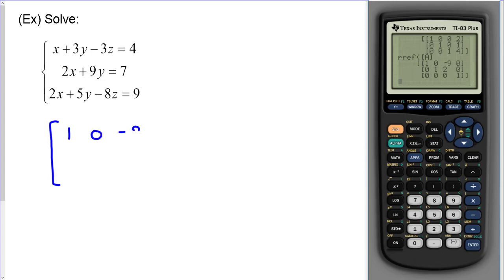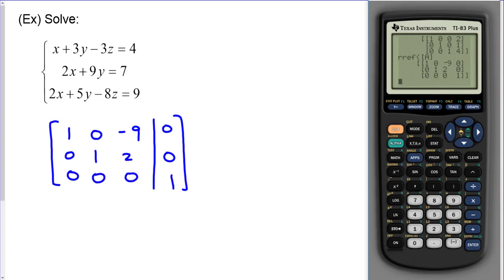1, 0, -9, 0, 0, 1, 2, 0, and 0, 0, 0, 1. This is a contradiction, because if you'll notice, if I change this into a system of equations, it would appear as x minus 9z equals 0, which is a strange result, but it's not a contradiction.